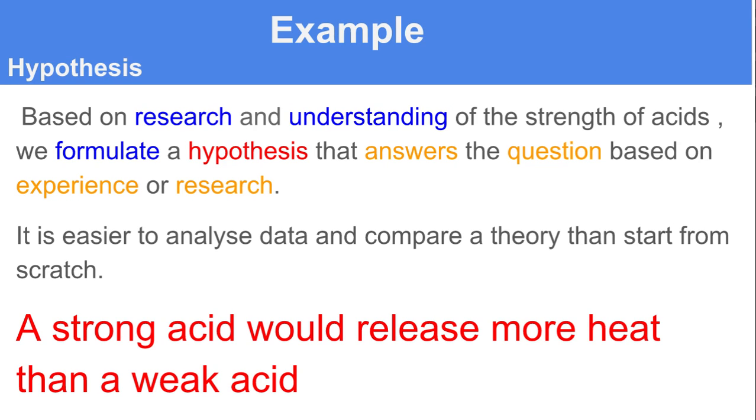So we ask the question, and we have a hypothesis that says a strong acid would release more heat than a weak acid. We can propose this hypothesis because we read enough and researched enough about strong and weak acids, and we found out something that brought us to this hypothesis.